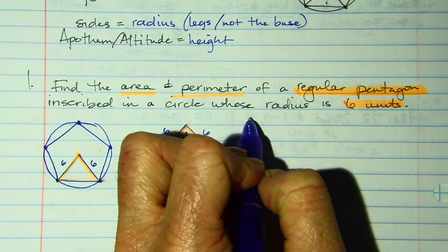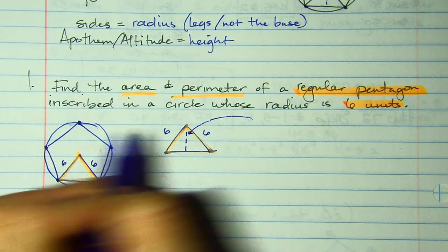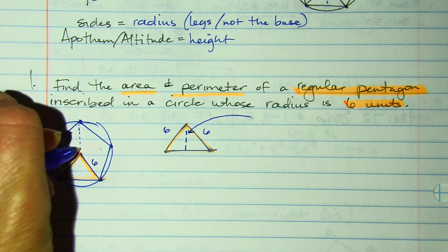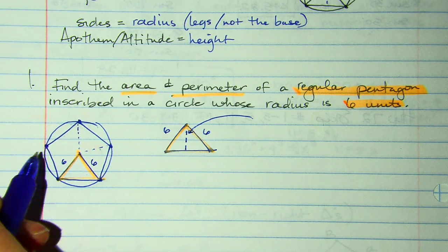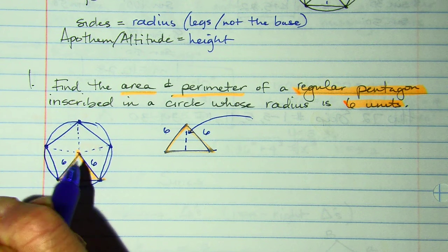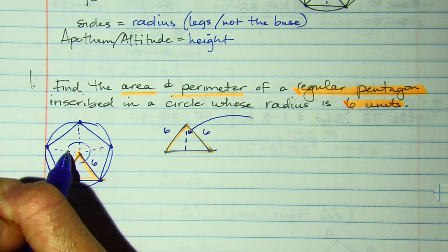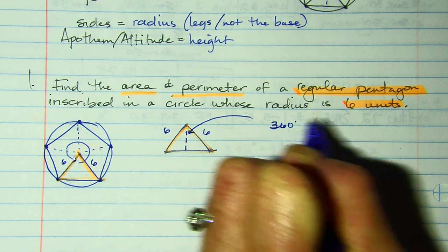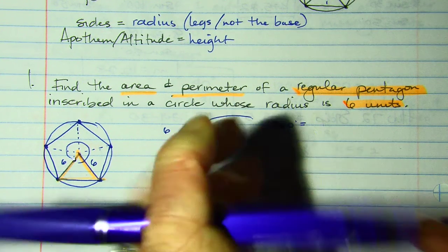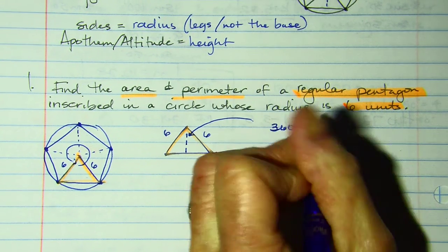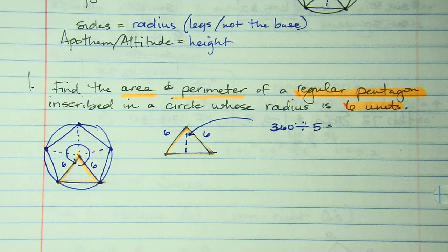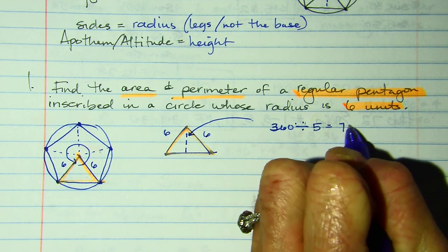So first I'm going to solve for these interior angles. I technically have 5 triangles, and I know they're all congruent, and I know that this would be 360. So 360 divided by the 5 triangles gives me 72 degrees.